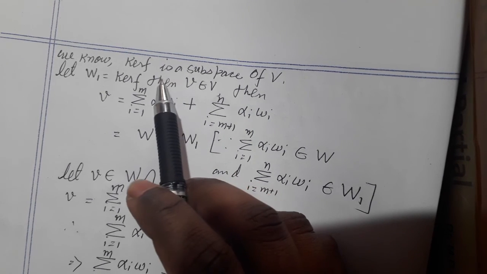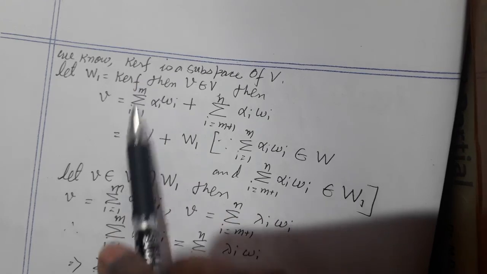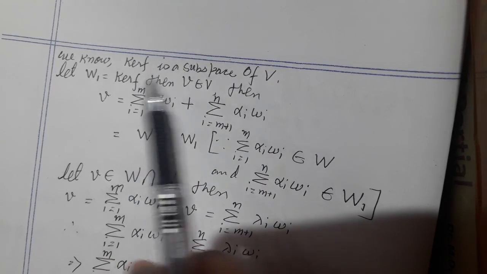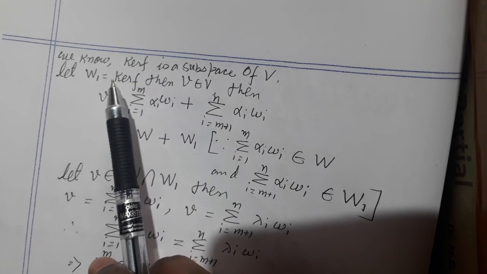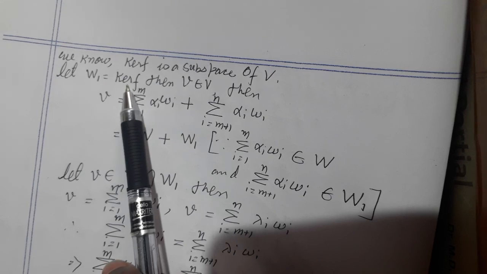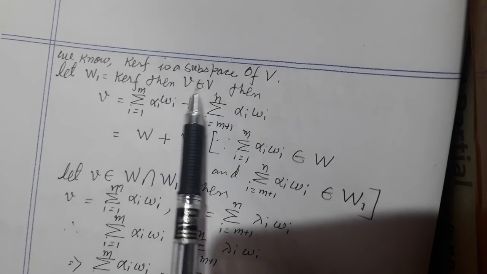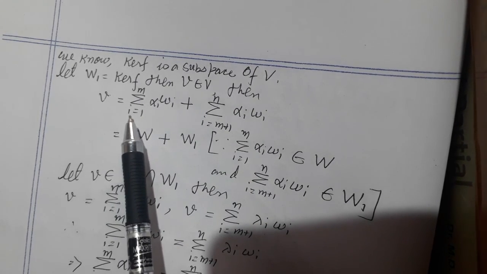We know already, I have proved in the previous one, that kernel is a subspace of V. I don't need to prove it again. Now this kernel of f I'm taking as W1. So I denote W1 to be the kernel of f. Then I take one element in V. Then this element can be written as a linear combination till n.